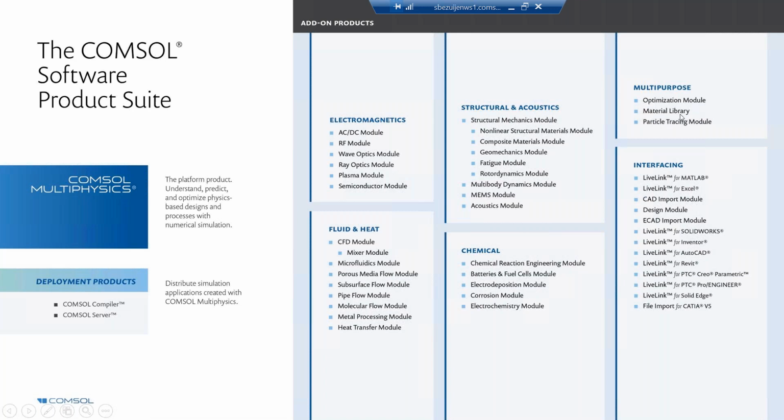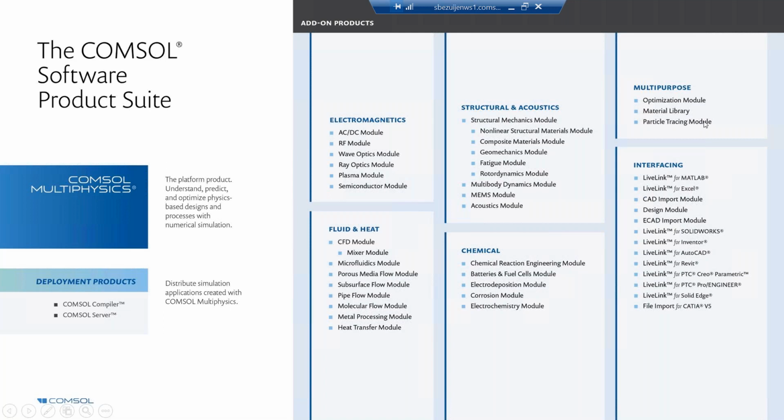On top of the physical modules, there is also the multi-purpose module, and I already mentioned the optimization part, but there's also a material library, which is very convenient because it allows you to very quickly assign material properties, and also, for example, dependent material properties, such as temperature dependent conductivity, resistivity, to the materials of your need.